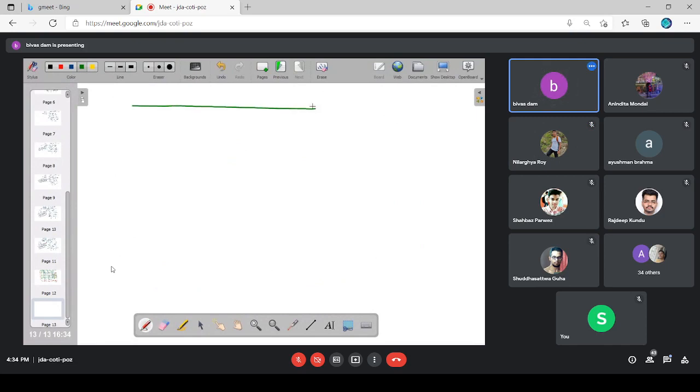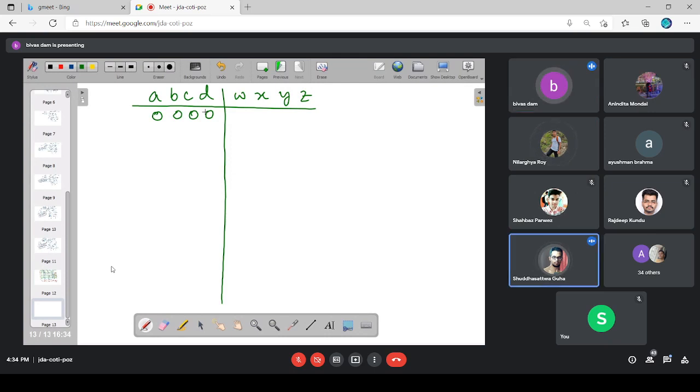Basically, if 0000 is the BCD pattern, that means the decimal number is 0. So what should be the ninth complement of 0? 9. So that means my WXYZ should be 1001. Next, 0001.